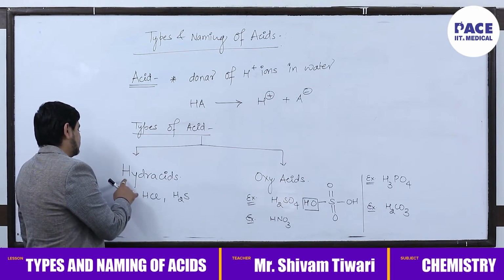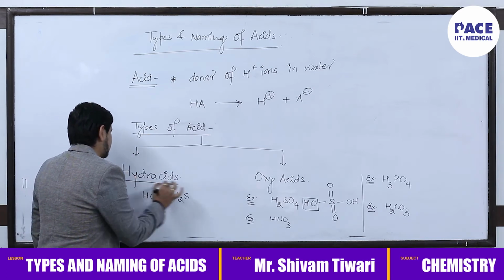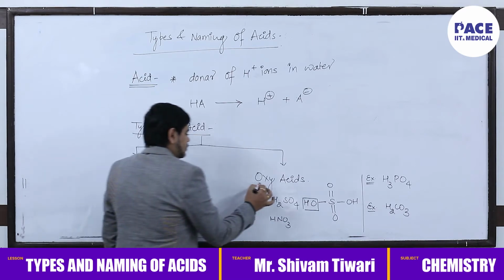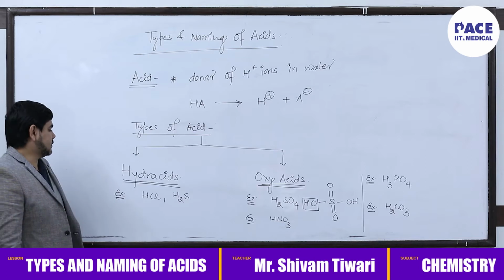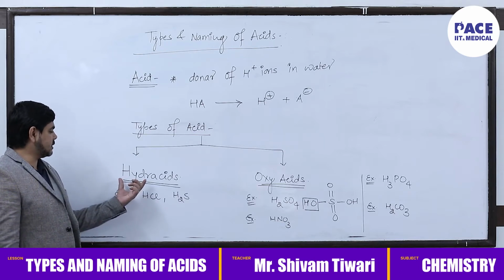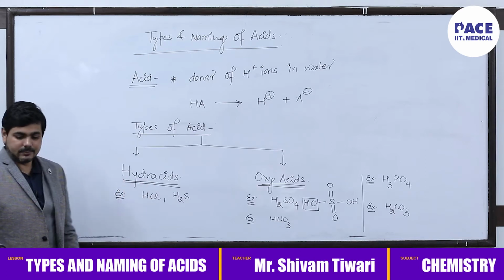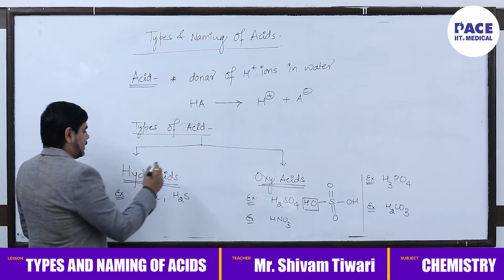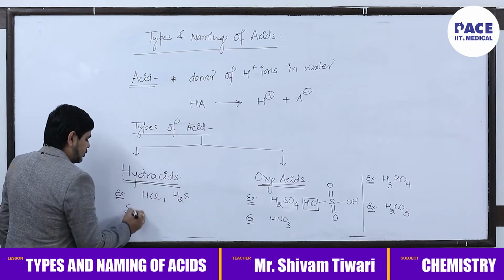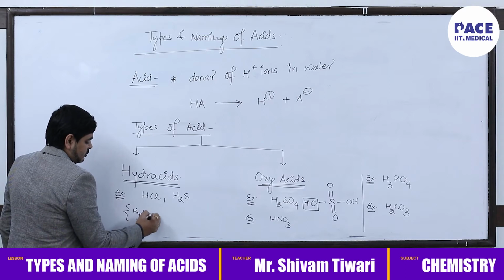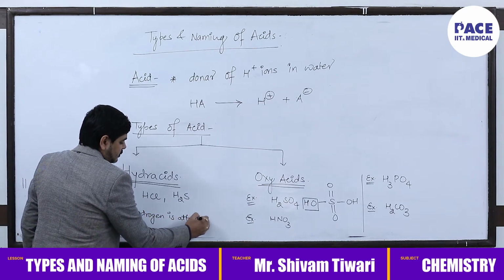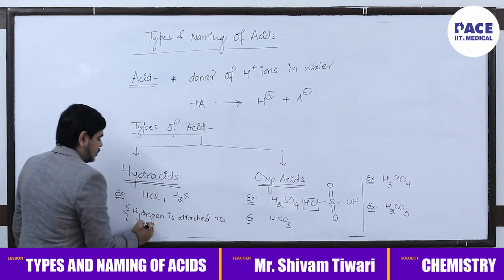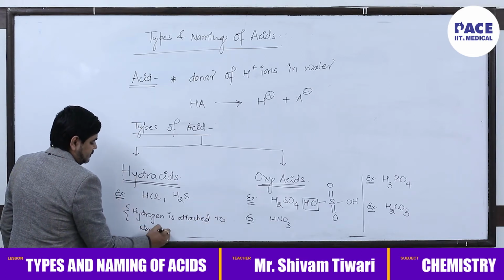Now let's understand the names of these types of acid. How are we going to write the names of these acids? First we are going to understand hydroacids. You can write this definition: hydrogen is attached to non-metal.